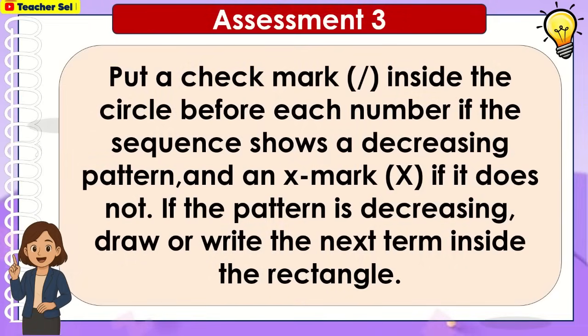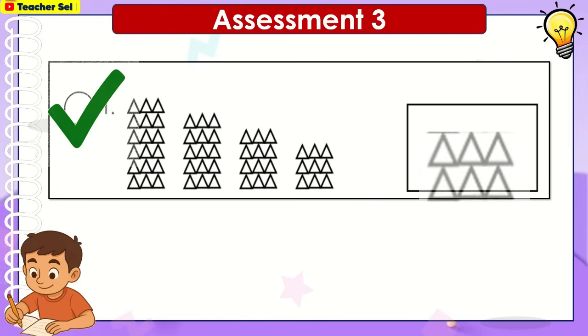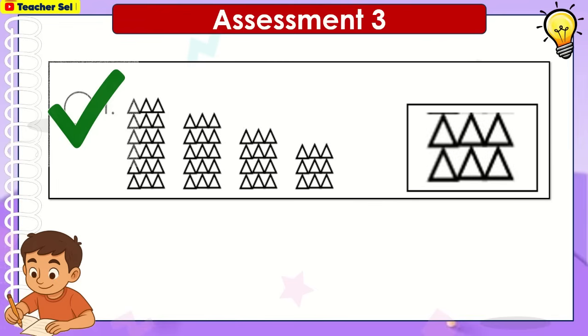Put a check mark inside the circle before each number if the sequence shows a decreasing pattern, and an X mark if it does not. If the pattern is decreasing, draw or write the next term inside the rectangle. Number 1, check.